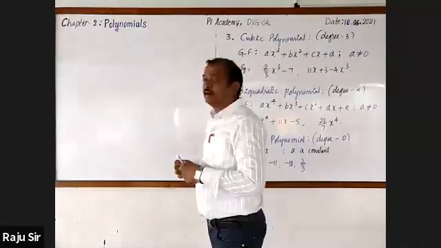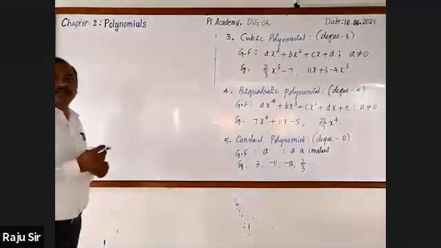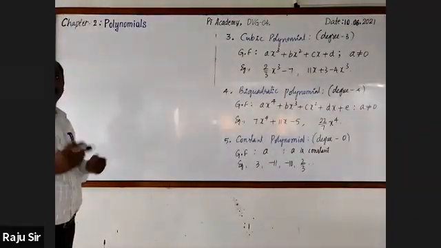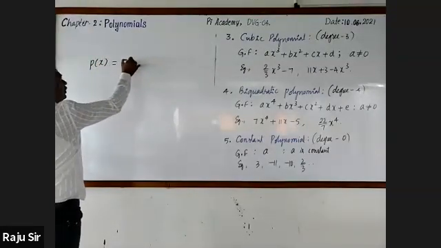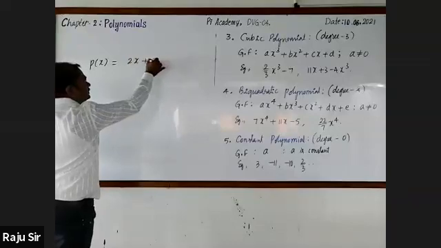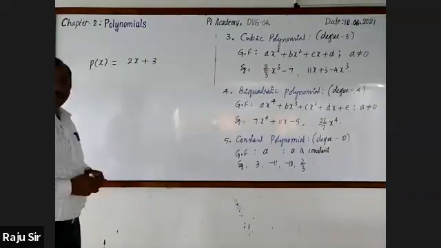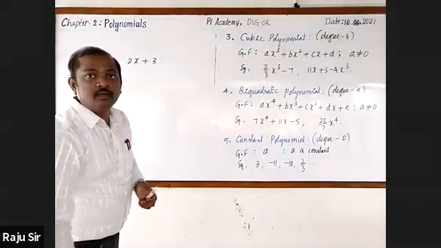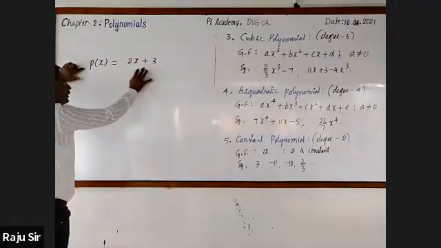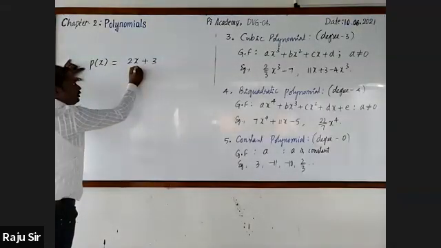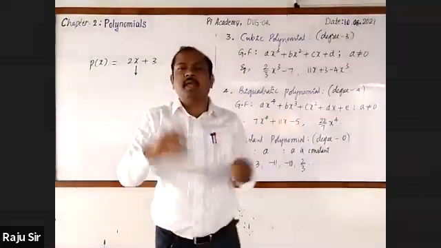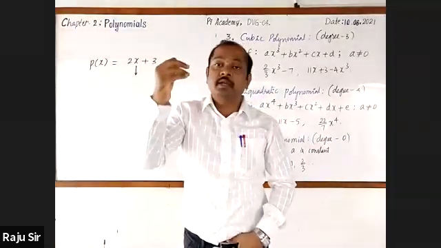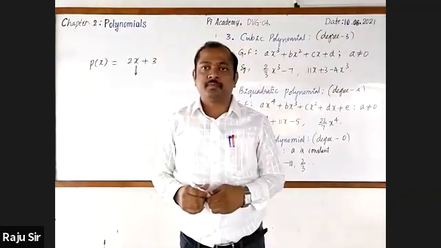Okay. Just look here. I go for taking a polynomial in x. It is p of x is equal to 2x plus 3. This is the polynomial. But you know that x is a variable. Variable may be any real number.